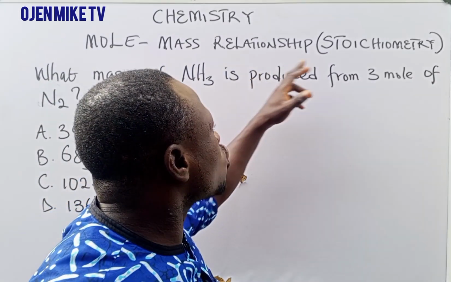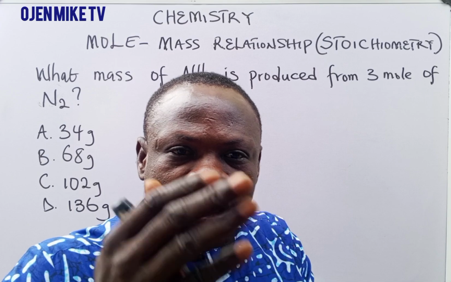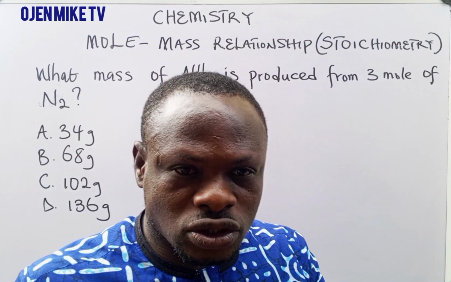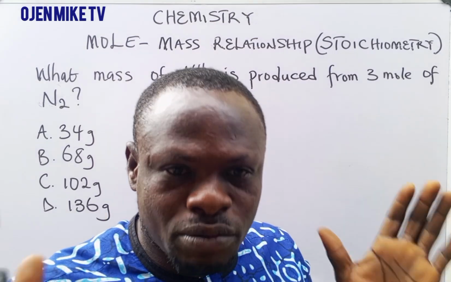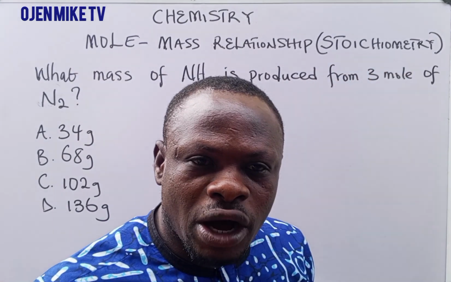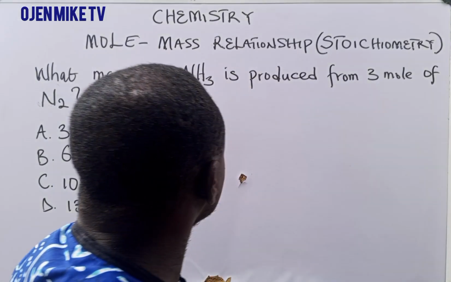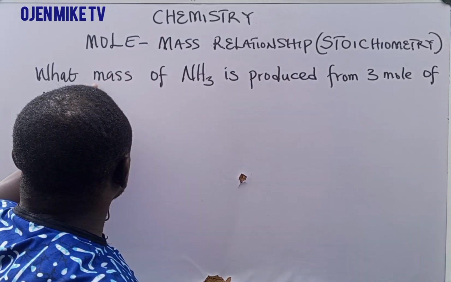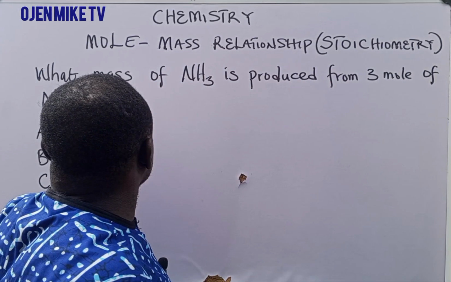Remember, stoichiometry has to do with the quantitative relationship between the reactants and products in a balanced chemical equation. You must balance your chemical equation. So anytime you hear stoichiometry, think about balancing the chemical equation. In this question, what mass of ammonia is produced from nitrogen gas?